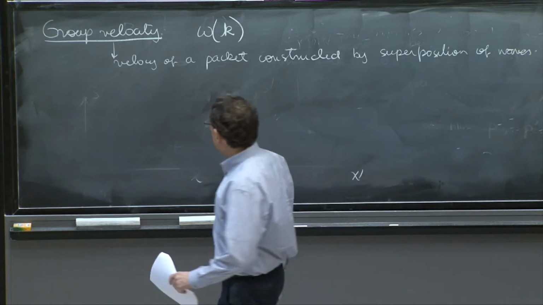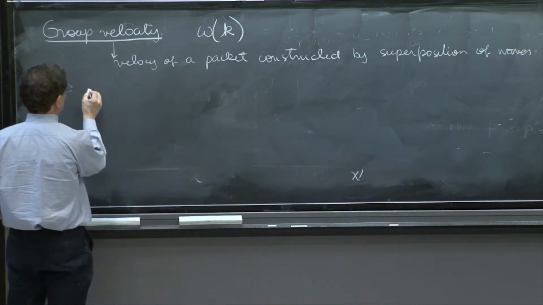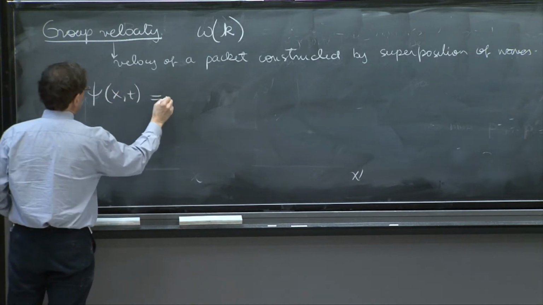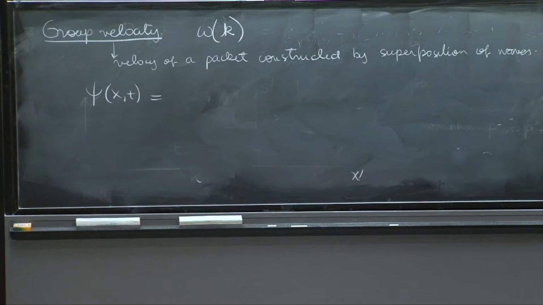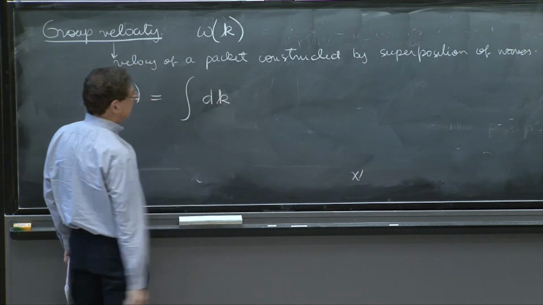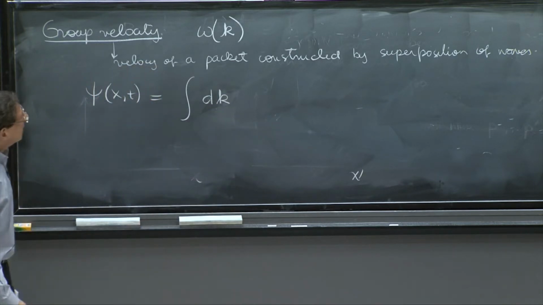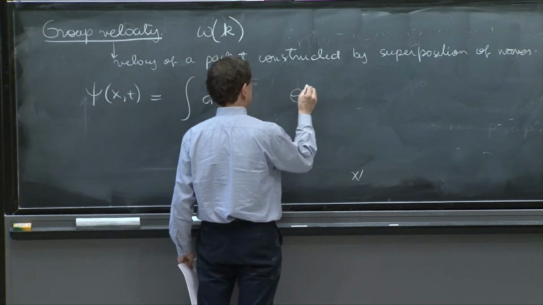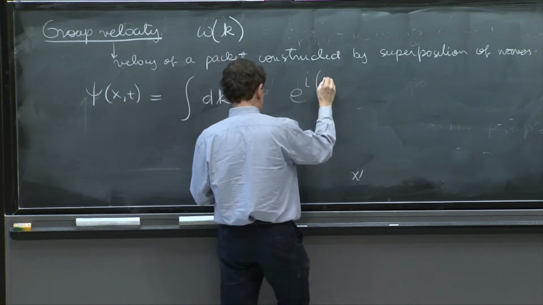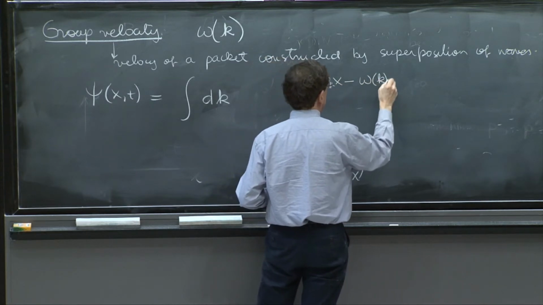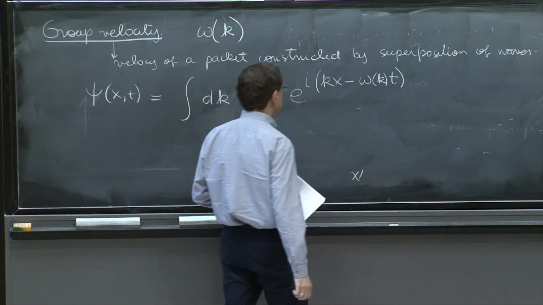All right, so let's do this here. Let's write a wave packet, psi of x and t, going to be done by superposing waves. And superposition means integrals, summing over waves of different values of k. Each wave, I will construct it in a simple way with exponentials, e to the i(kx minus omega of k t).